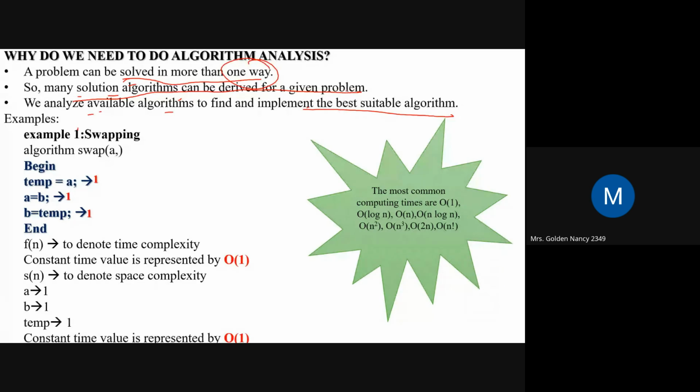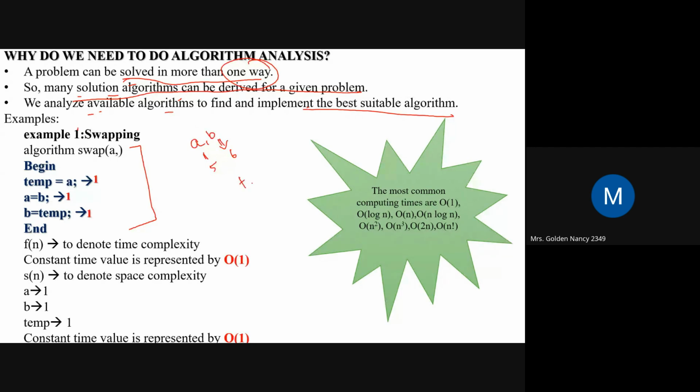So how are we finding it? For example, here I have given you the swapping sum. You would have known how swapping happens. Initially, you have two variables, a and b, with a holding value 5 and b holding value 6, and I want to swap these two values.